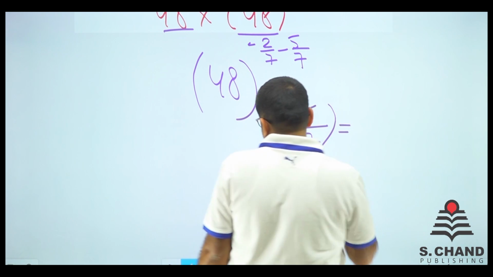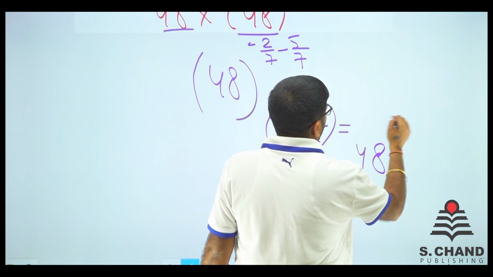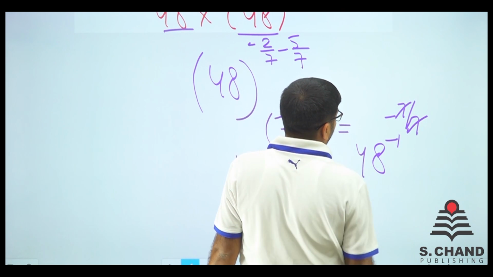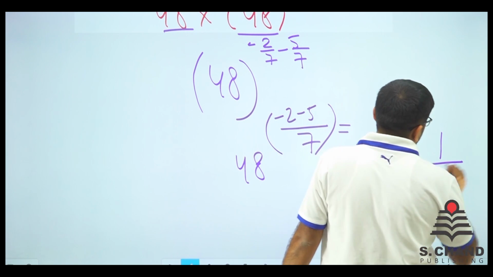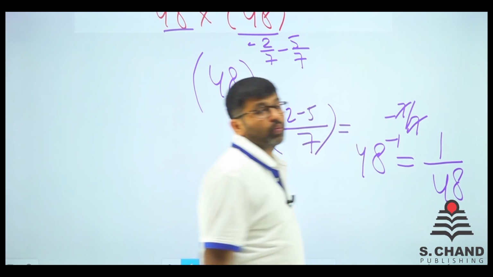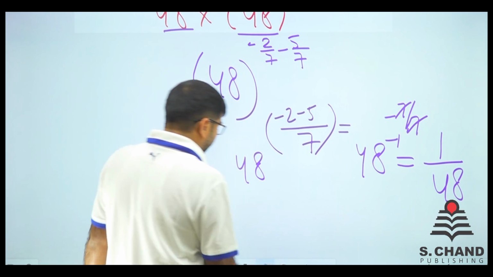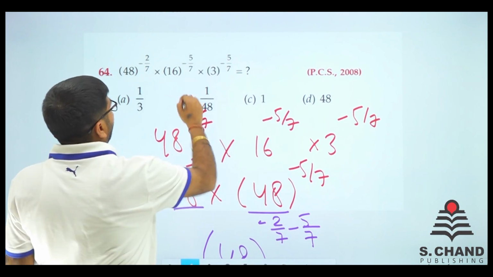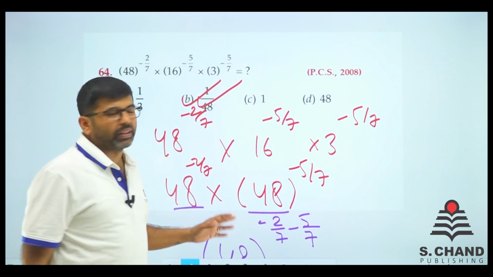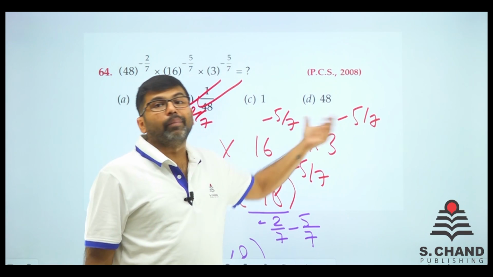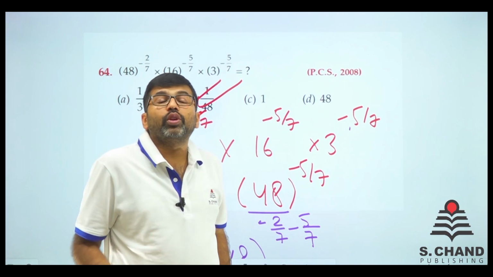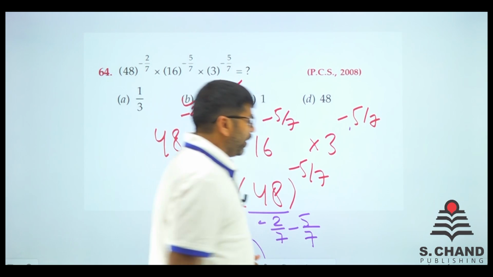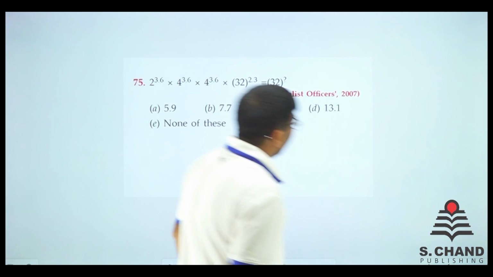So it is 48 raised to power minus 7 by 7, that is 48 raised to power minus 1. If it is 48 raised to power minus 1, that means it is 1 upon 48, the reciprocal of 48. So 1 upon 48 is the answer. And here we go, just a simple thing. I just saw and remembered the formula, and that is what you need to do. You just remember the formula and do questions one by one. Here we go. We move on to the next question.